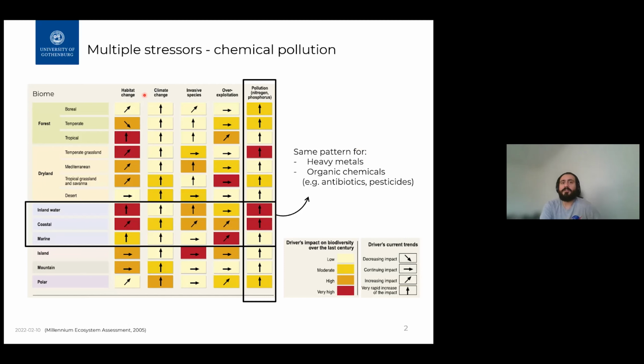Five major drivers were identified, like habitat fragmentation, climate change, invasive species, overexploitation, and pollution by nutrients. This latter, pollution by nutrients, was identified as one of the major drivers affecting biodiversity in the aquatic environment.